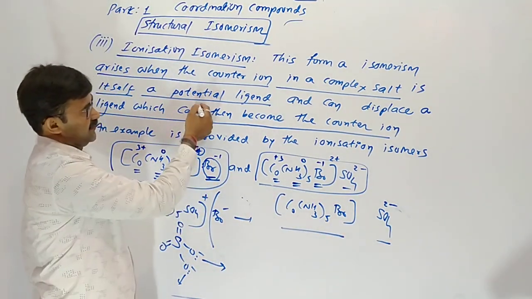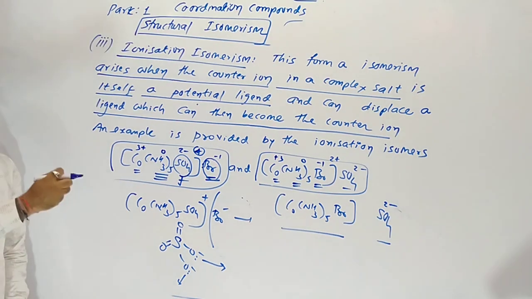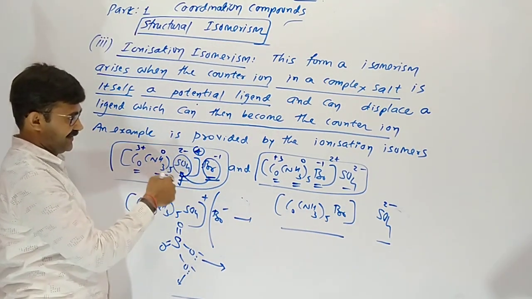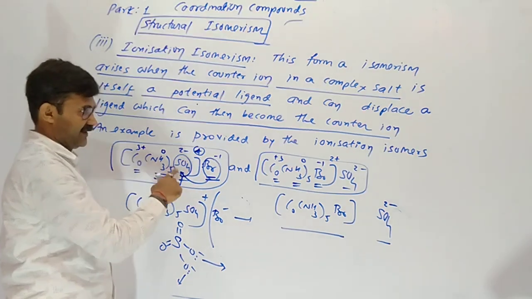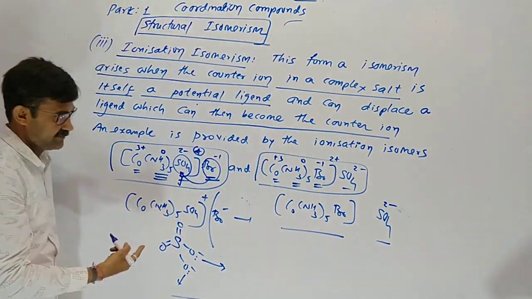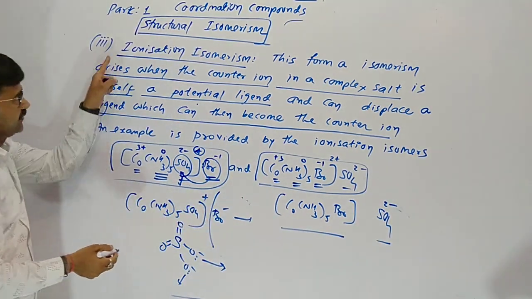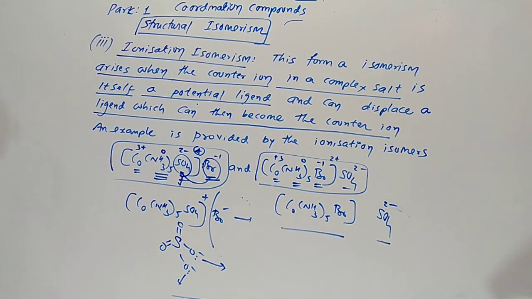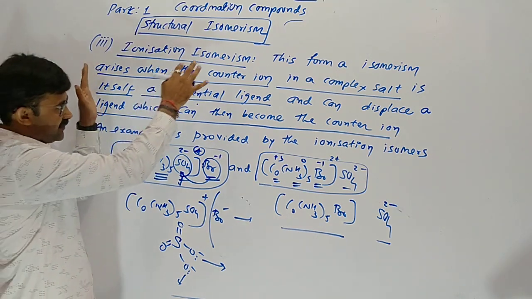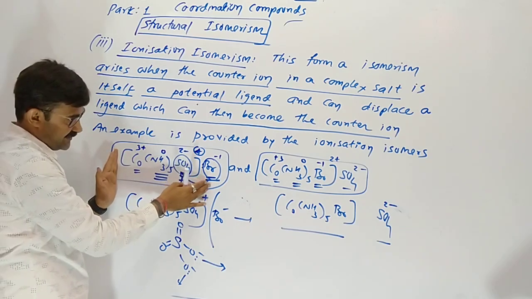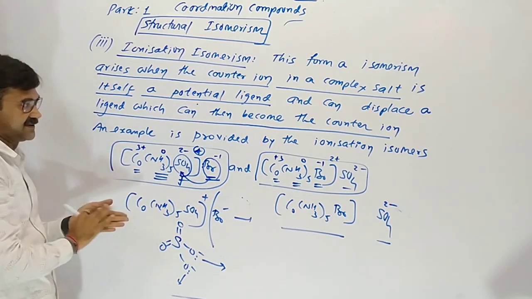The counter ion is a potential ligand, capable of displacing sulfate inside the entity. The bromine enters and sulfate comes out. So this type of isomer is called ionization isomerism. Why is the name given? I told you, it is not given in the book. On ionization, the square bracket does not ionize.